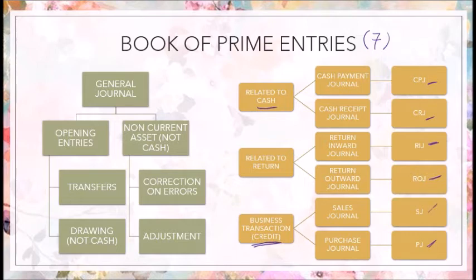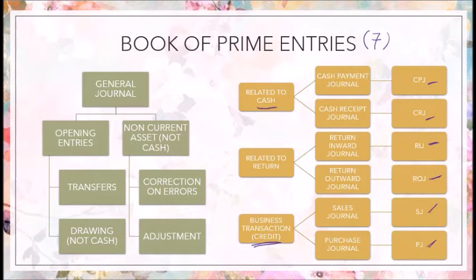Any sale by credit goes to the sales journal. Any purchase by credit goes to the purchase journal. Understand? So I just explained 6 journals.